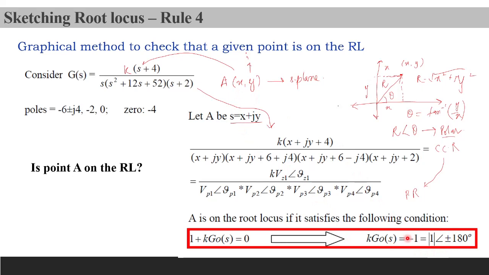So it's quite simple: whenever you substitute that point into the equation and into the polar coordinates and you solve it, and if you get the result of k g naught as one magnitude and plus minus 180 degrees as an angle, we can say that that point satisfies your root locus equation, thereby saying that that point lies on your root locus as well.